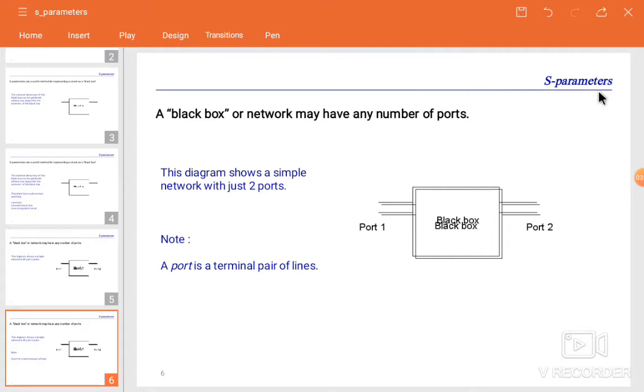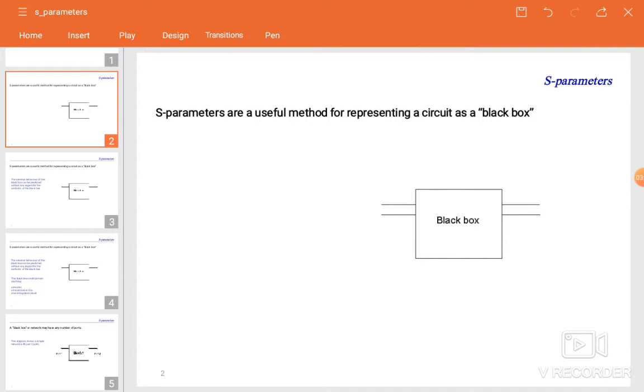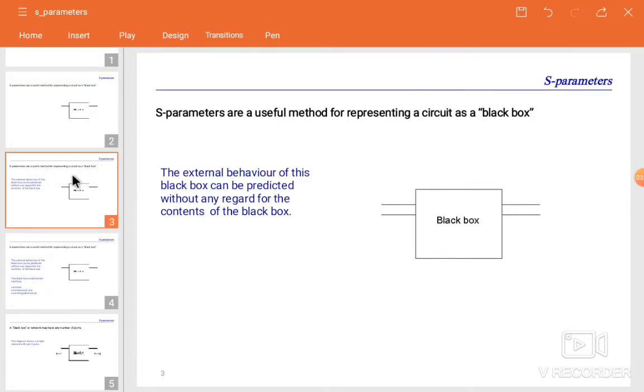Before we get into the mathematics, let's define a few things you need to know about the S parameter. In this figure you have seen that S parameters are a useful method to represent the circuit as a black box, and the external behavior of this black box can be predicted without regard for its contents.